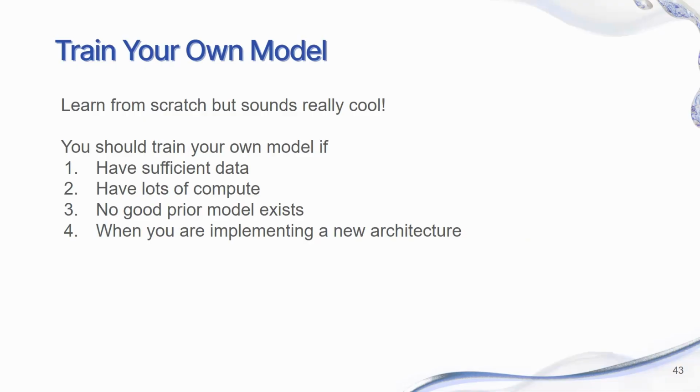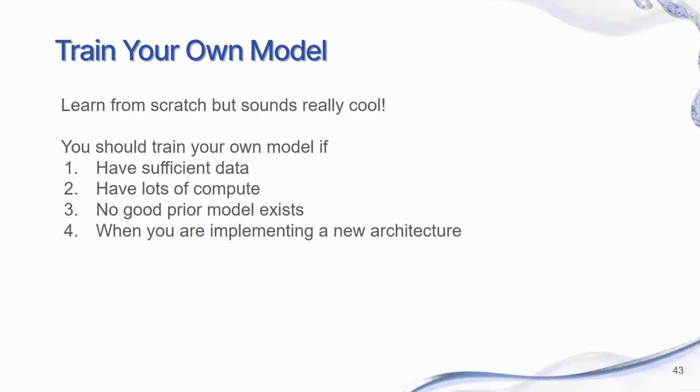But generally, training your own model from scratch is probably not the best idea in practice. You should only train it if, first, you have a good amount of data that your model can work with, and second, you have lots of compute, because training does take quite a bit of time and compute, right?